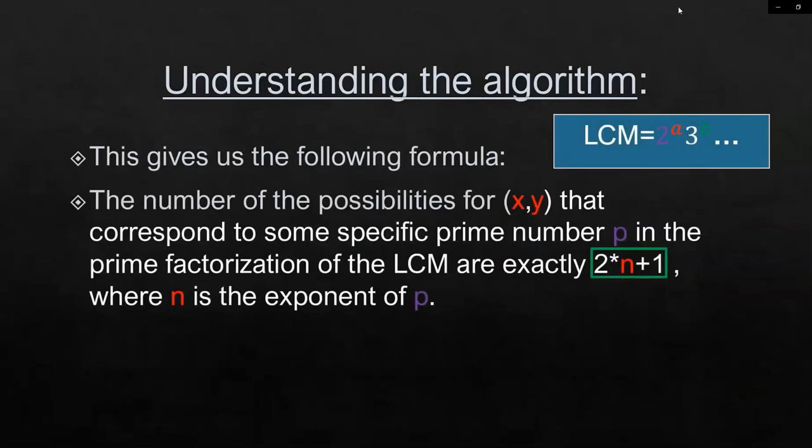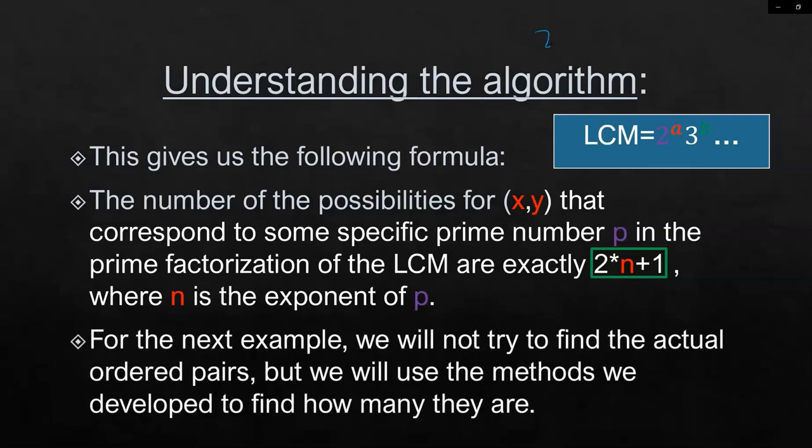Okay. So this gives us actually the following formula. If you have a specific least common multiple that you're caring about, so in our case, we had 2 squared times 30 to the first for 12. In order to figure out all of those pairs x, y that correspond to the powers of 2, you can just figure out how many pairs you have of this form.